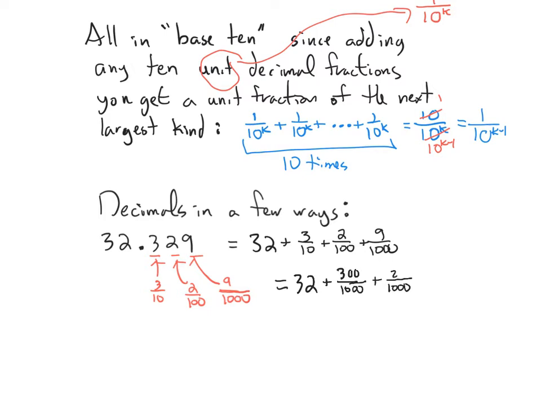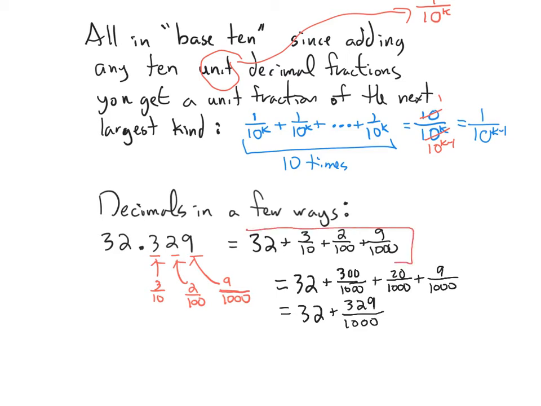You get 20 thousandths, and this is just 9 thousandths. And so we can simplify this to 32 and 329 thousandths. That's another way of thinking of it.